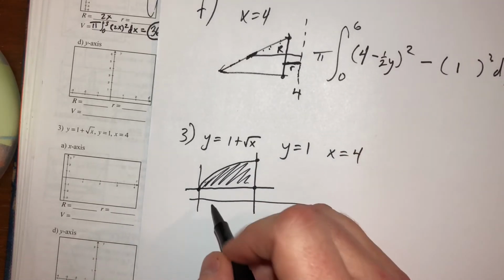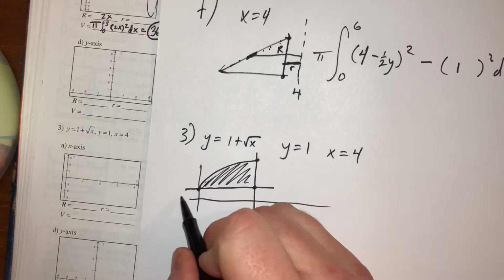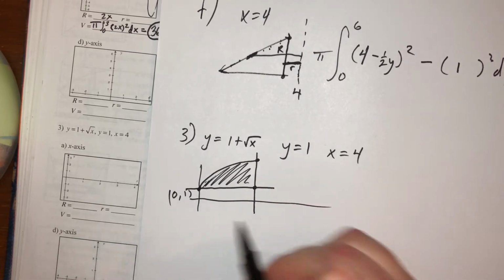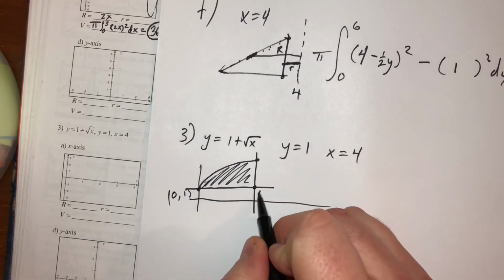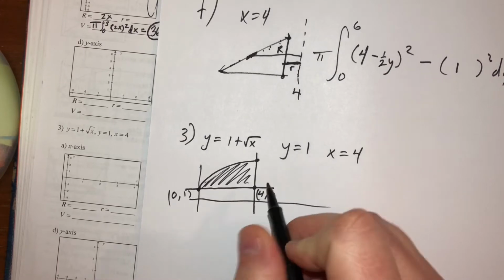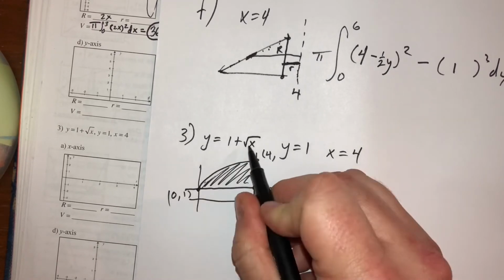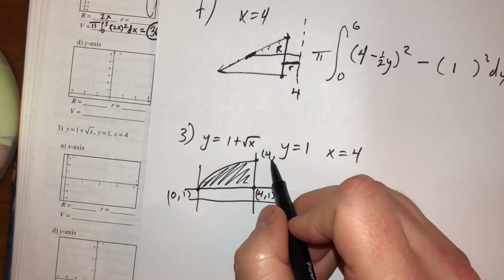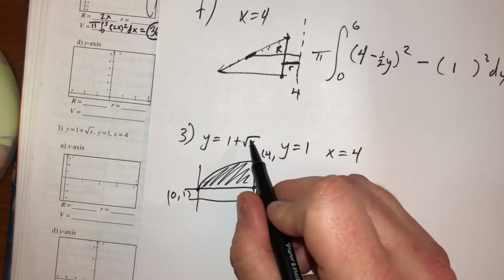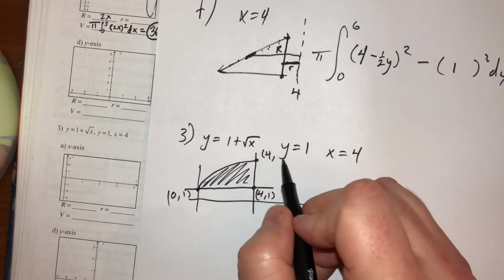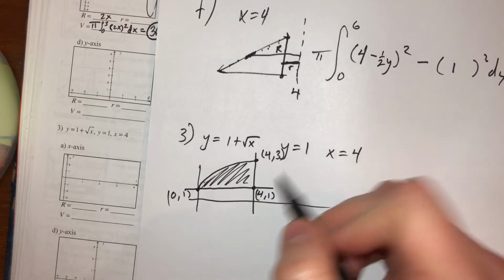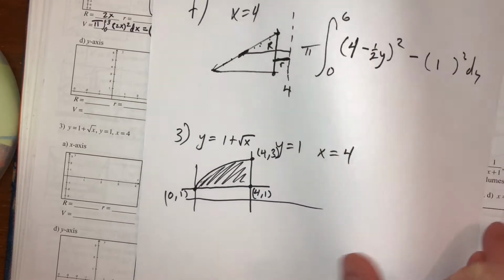This one is 0, 1, this is going to be 4, 1, and this will be 4, comma, whatever the curve is at 4. If I plug a 4 in there, I get 2 plus 1, which is 3.